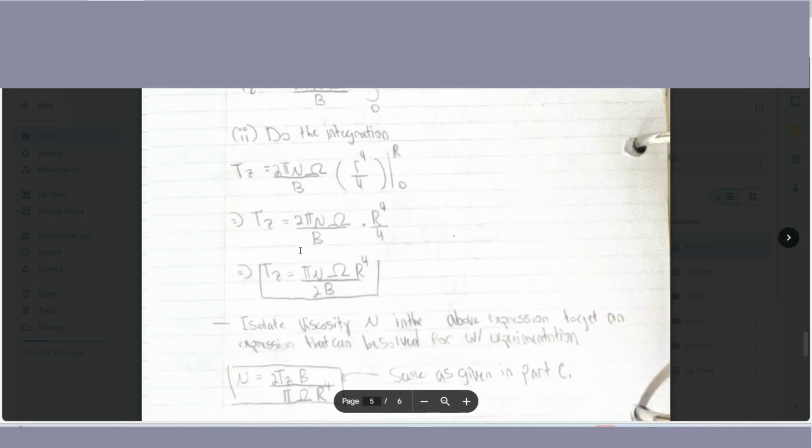Since it's a dr integral, any terms that we can divide out of the integral and multiply on the outside, we do, because it makes the integration easier to look at. So do the integration, and tau z equals this, and now we're just going to solve for the viscosity. And this is the same answer as given.